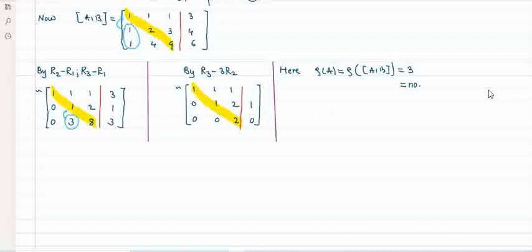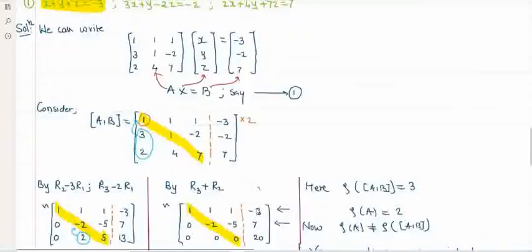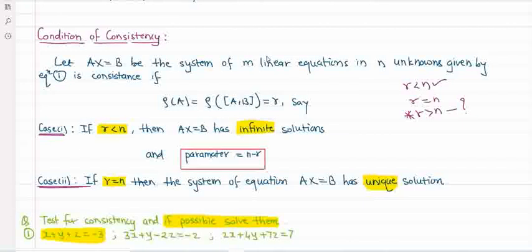This 3 is equal to the number of unknowns. What is the conclusion? R is equal to N, and rank of A is equal to rank of AB. Therefore, the given system of equations is consistent, meaning a solution exists.